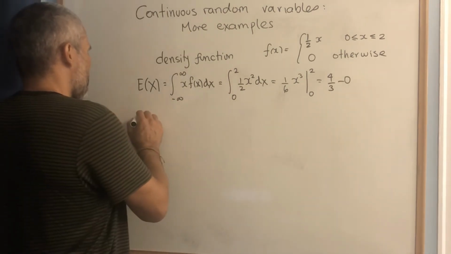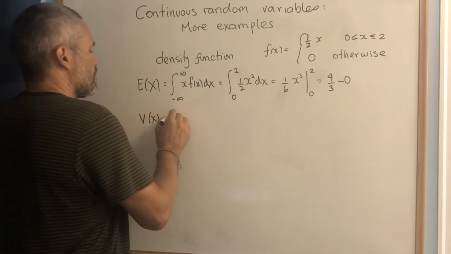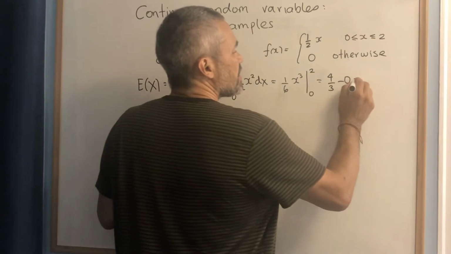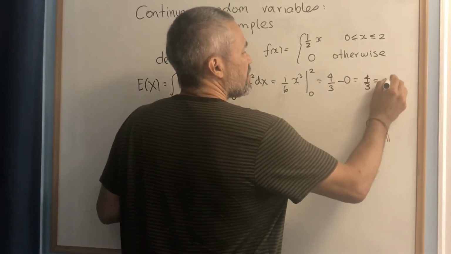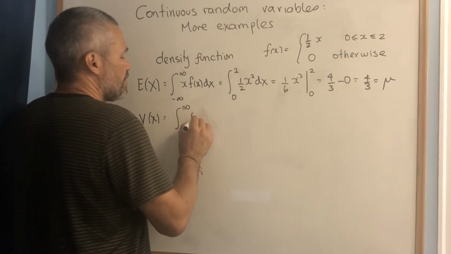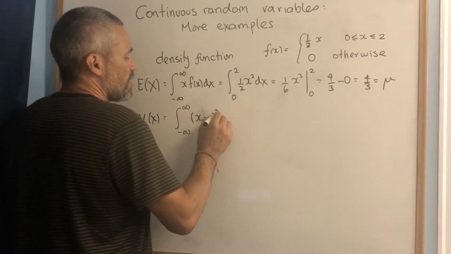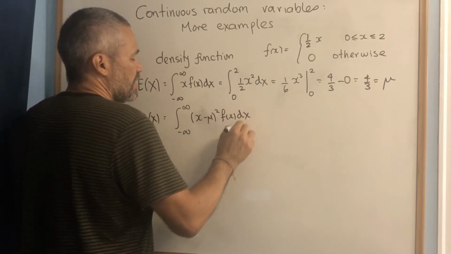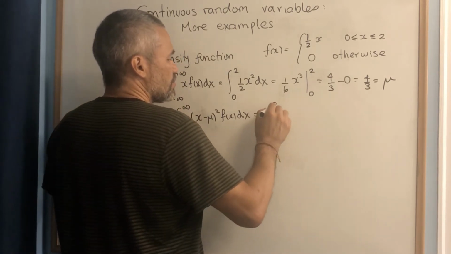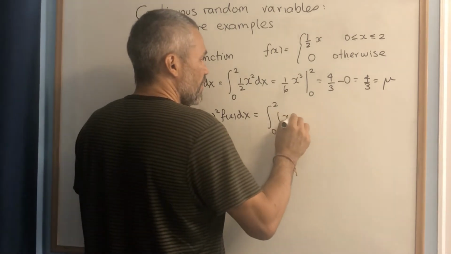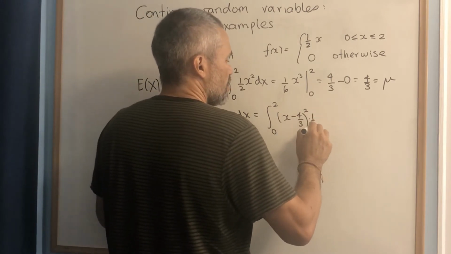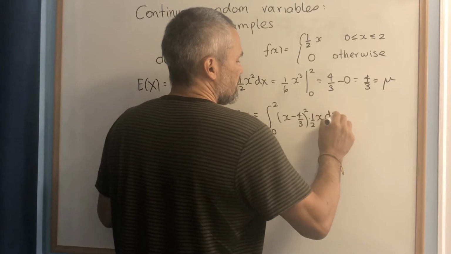To compute the variance of x, we need to compute the integral from negative infinity to infinity. Let me remind you that this 4/3 is the expected value, which is denoted by mu. To compute the variance, we do the integral from negative infinity to infinity of x minus mu squared times f of x dx, and doing the same argument, we just get the integral from 0 to 2 of x minus 4/3 squared times 1/2 of x dx.